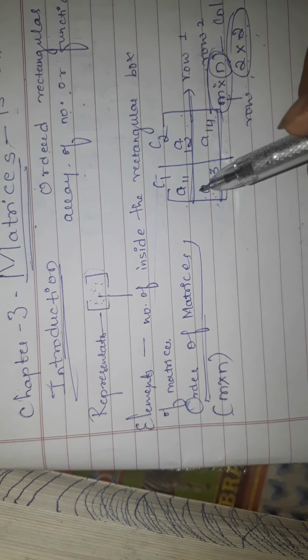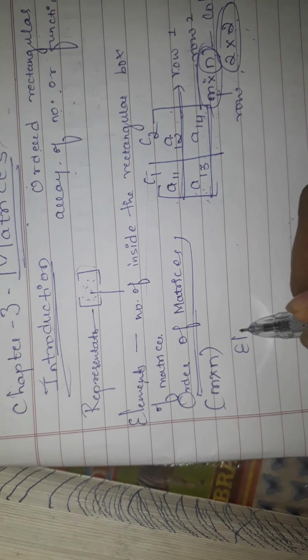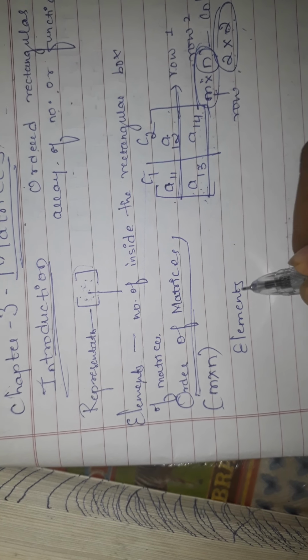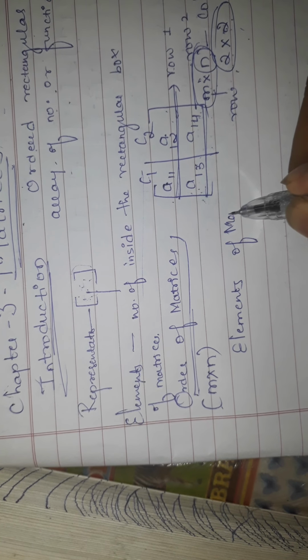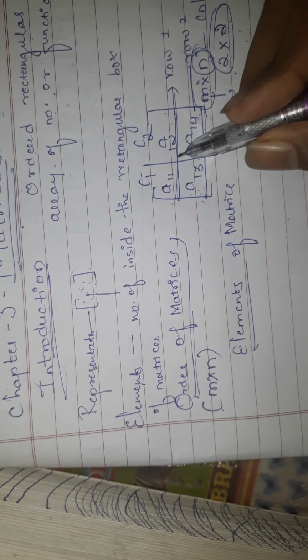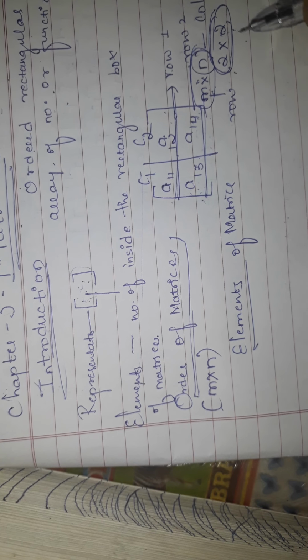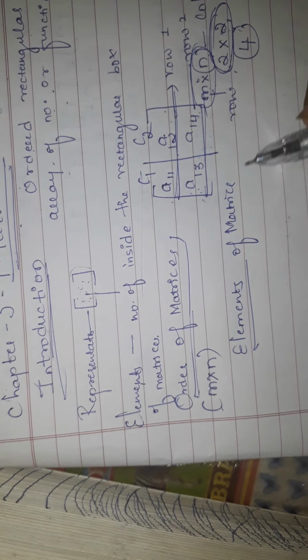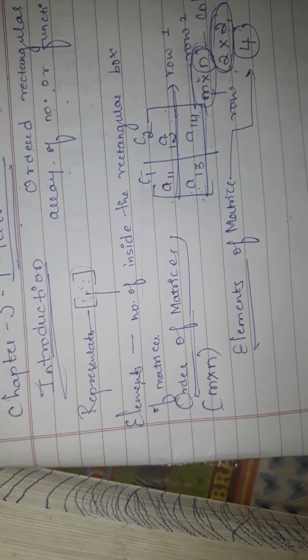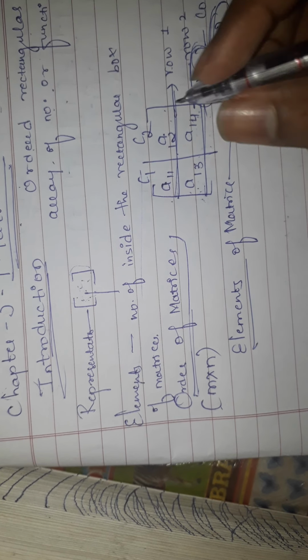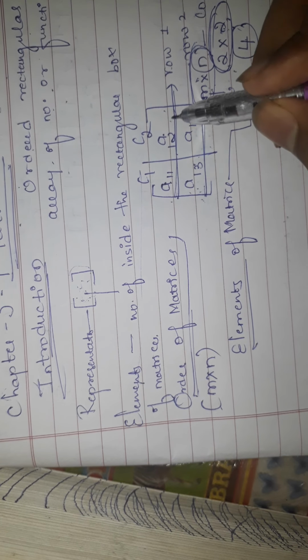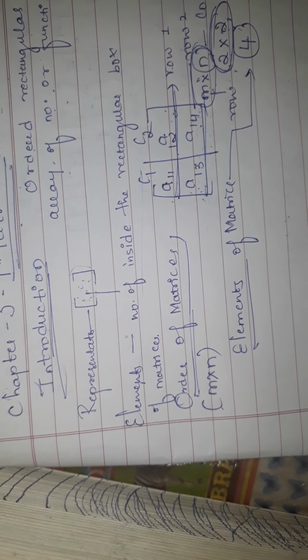So if they ask you the number of elements of the matrix, when you calculate 2 into 2, what you write as the answer will be the number of elements. So a11, a12, a13 and a14 are the elements.